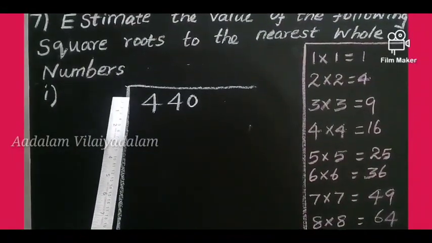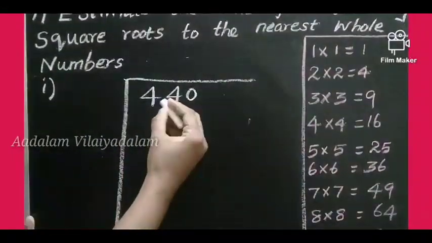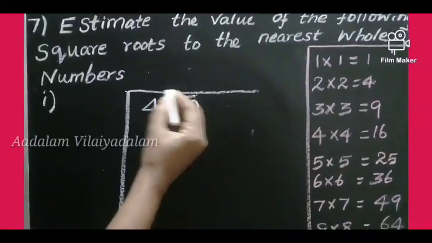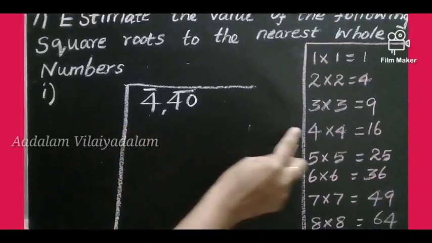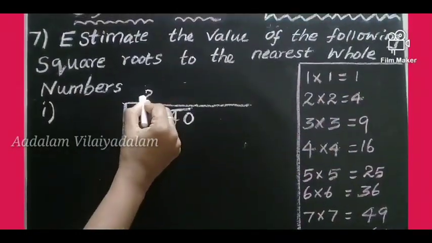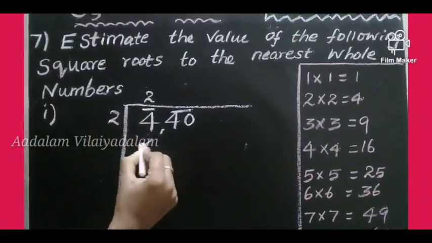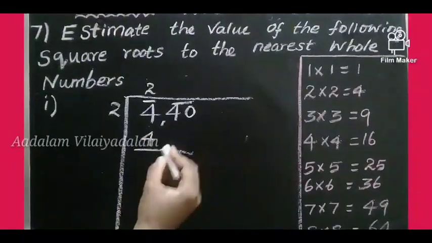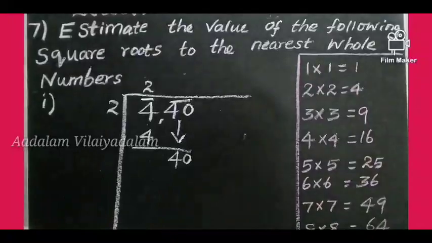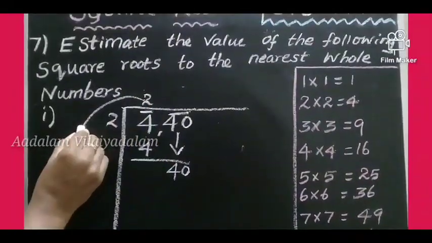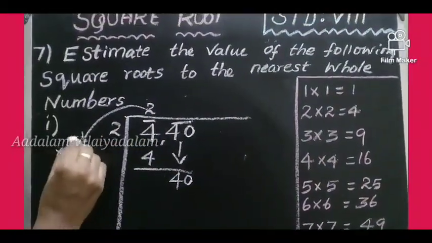Next you convert to the nearest whole number. First pair the numbers. 40 is one pair. 4 is another one. So here the square value is 4, so 2 twos are 4. So 4 minus 4, 0. Next write down the second pair, 40. Now multiply the quotient value by 2.